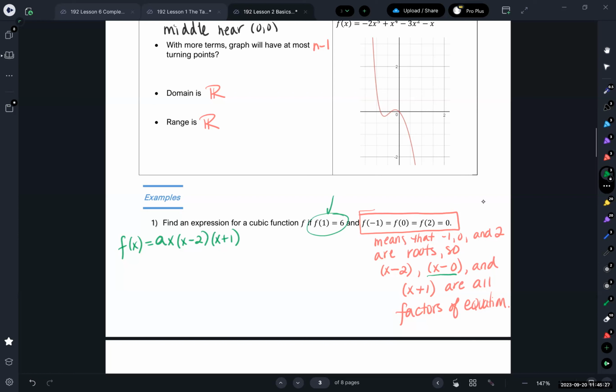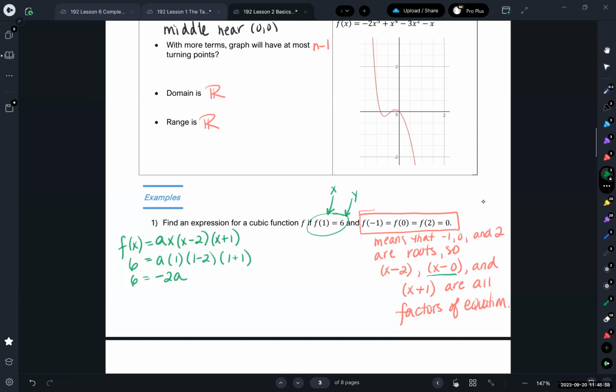So if I plug in x equals 1 and y equals 6, that should be a solution to this equation as well, which means I can solve for a. So I have 6 equals, let's see, 1 times -1 times 2, so -2a.